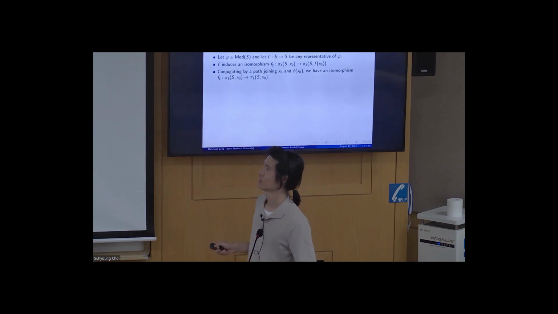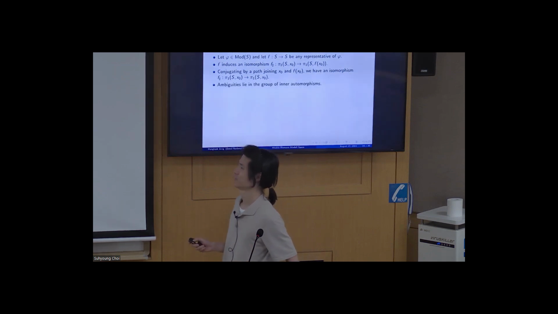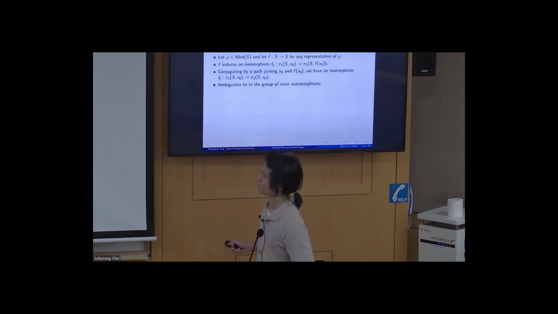If you take the conjugation by a path joining the original base point to the shifted base point, we have an isomorphism that fixes the base point. Of course, there are a lot of choices involved here. We choose a conjugating path. We choose the representative. But all of these ambiguities lie in the group of inner automorphisms.